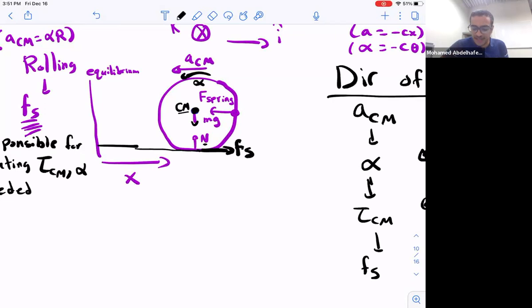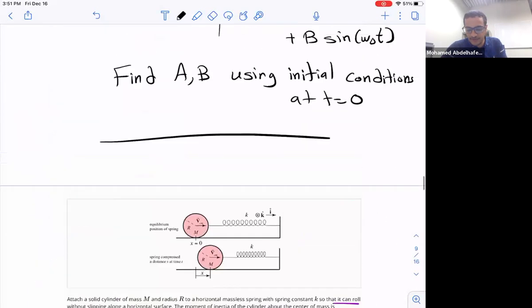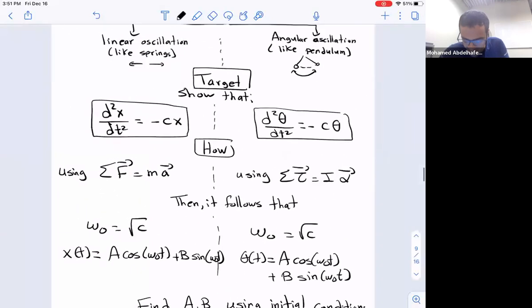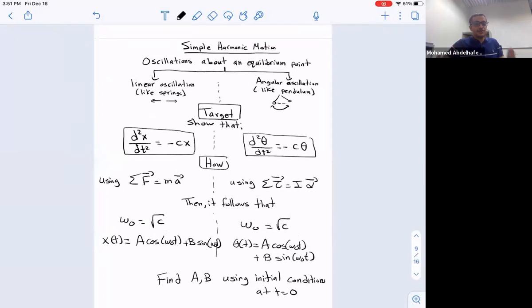So what's harmonic motion again? Simple harmonic motion is an oscillation. There is an oscillator, and I have this summary slide here. Simple harmonic motion means you have an equilibrium position, an equilibrium point, and the object is going to oscillate about it.